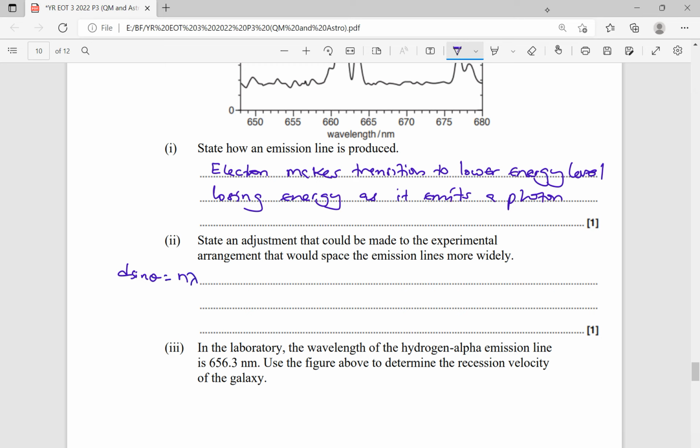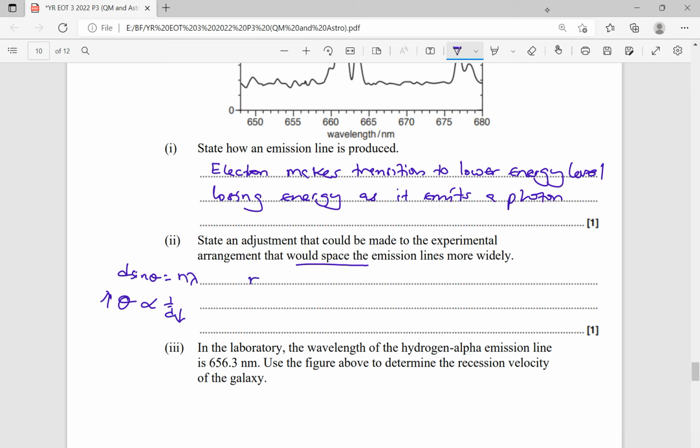So sine theta is inversely proportional to d, which also implies that theta is inversely proportional to d. We want the lines more widely spaced, that is, theta increasing, so d should be decreasing.